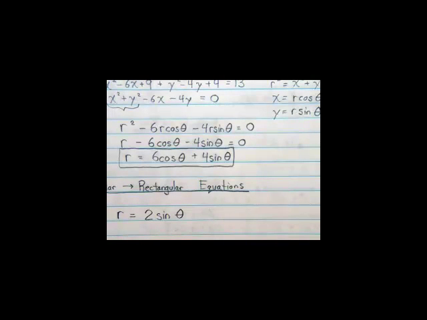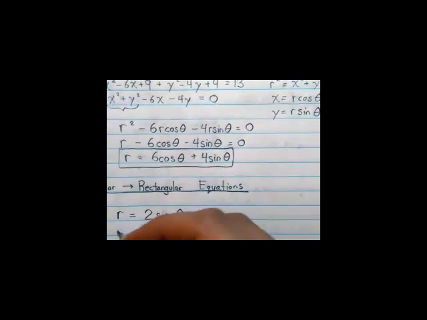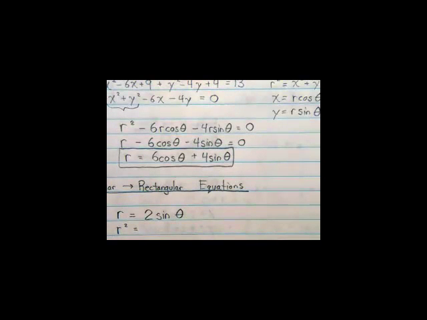Well, like, what if we move the 2 sine theta over to the other side of the equation, set it up to 0, and then multiply the whole thing by r? Ooh, you're close. You don't have to do the movement first. Kind of like extra multiplication or something like that.